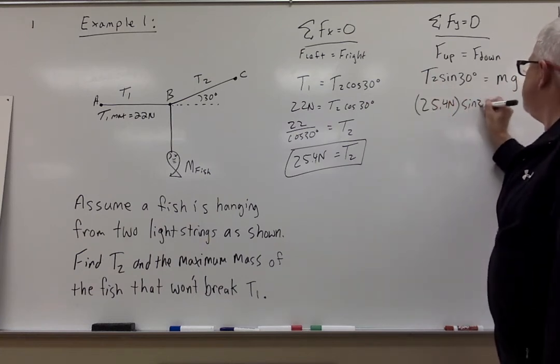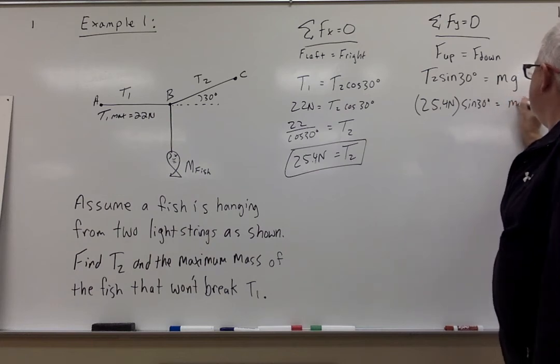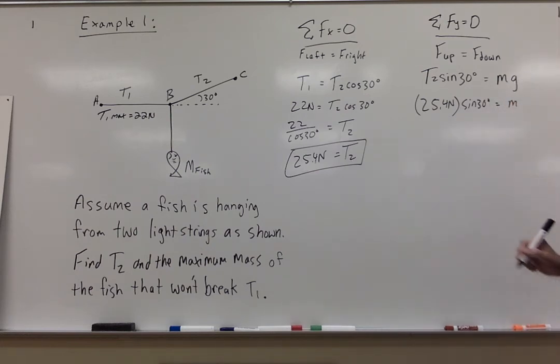Sine of 30 degrees is 0.5. g is 9.8 newtons per kilogram. When we think about forces, we would think about the gravitational field strength as newtons per kilogram. We think about acceleration, we think about it as meters per second squared. In fact, they're equivalent units to each other.